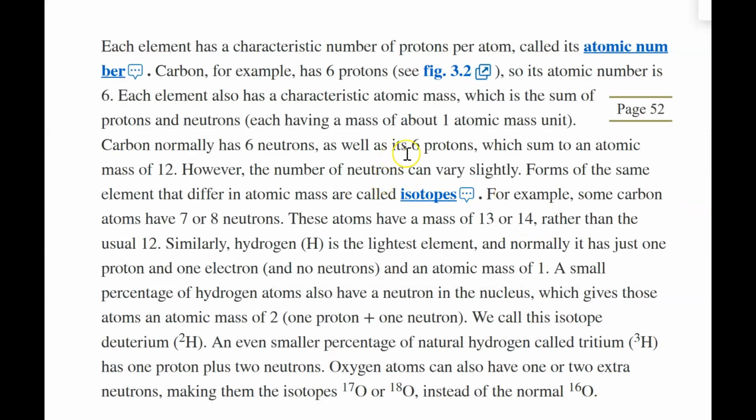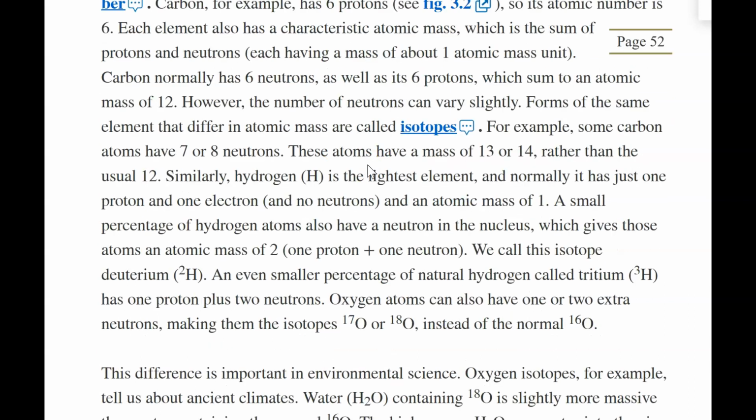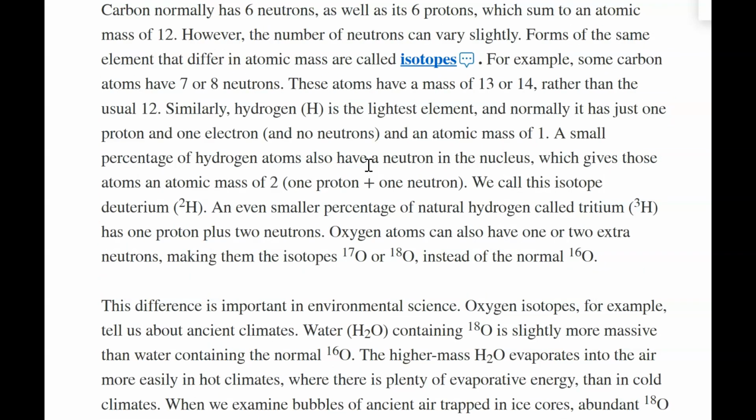Now, if we continue reading here, we will learn that many other elements have isotopes, not just hydrogen. And actually here are the isotopes of hydrogen, including hydrogen 2 and hydrogen 3. If we pay attention, we will also learn that oxygen will definitely have isotopes.